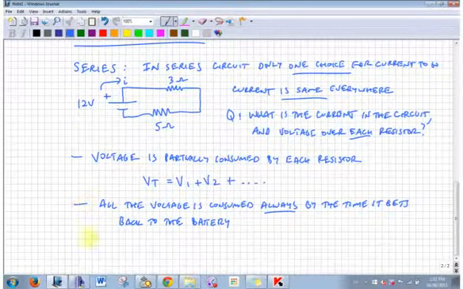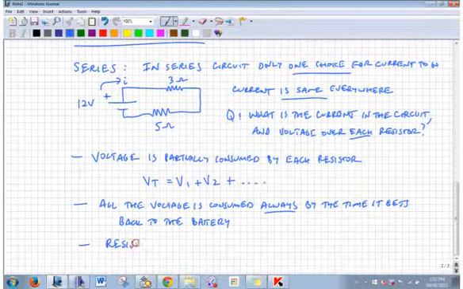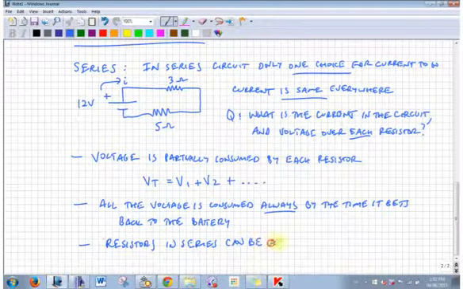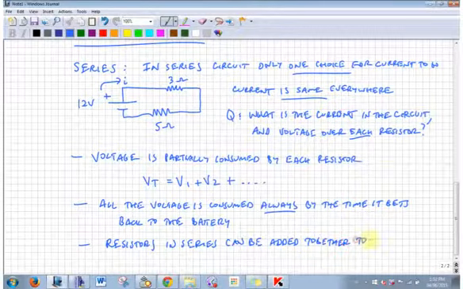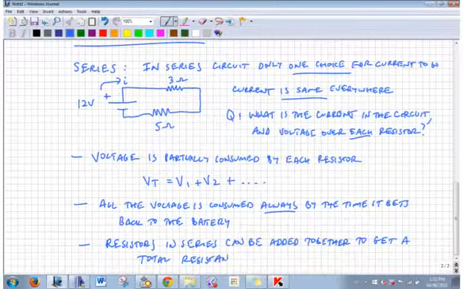Okay, so something else about series. Resistors in series can be added together to get a total resistance.